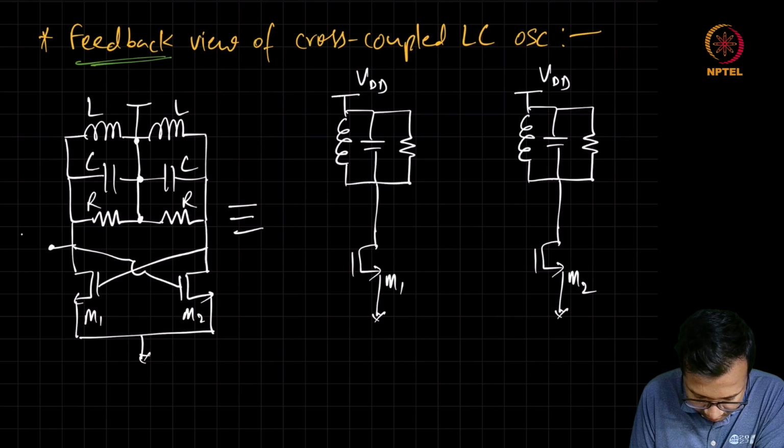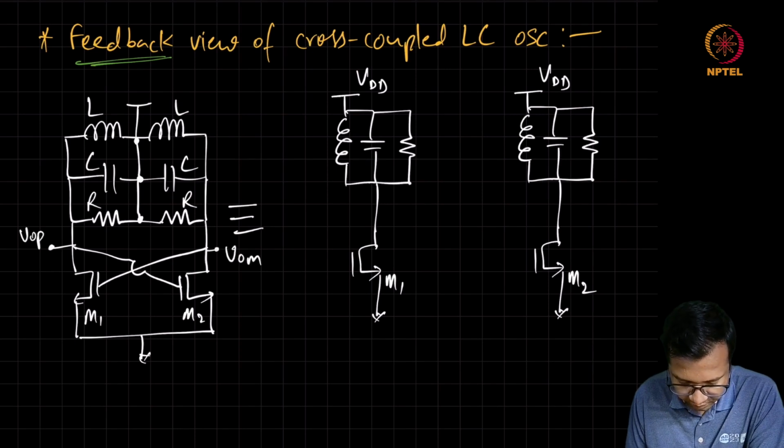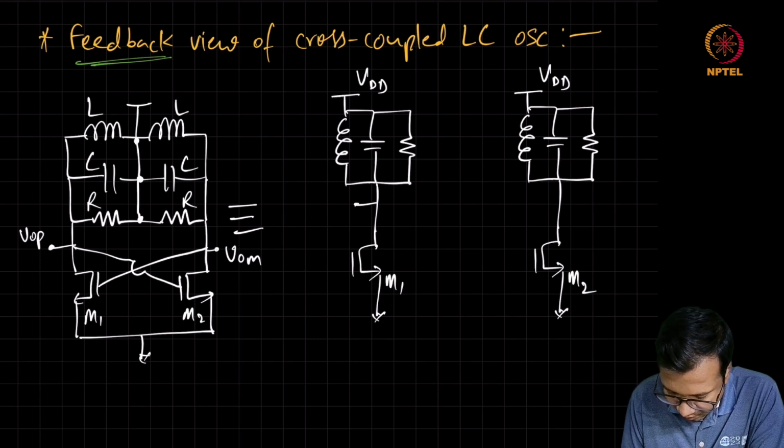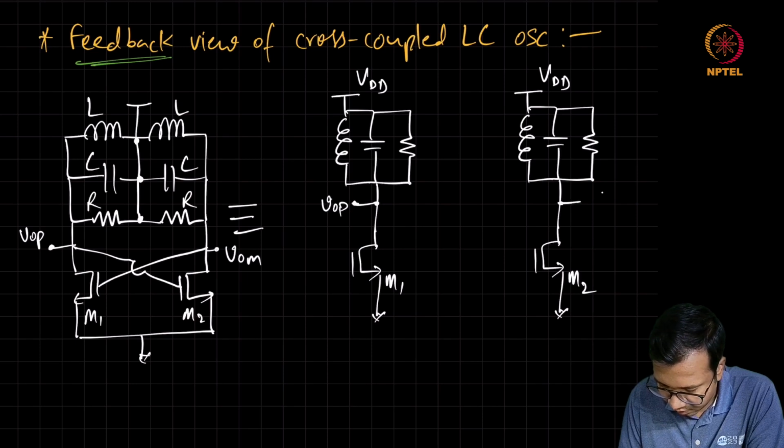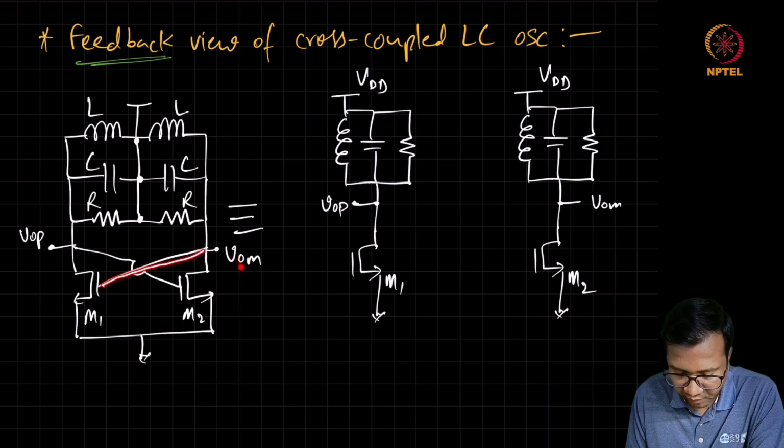Name this as VOP, VOM. Then in such a scenario, this is the VOP, and here is the VOM. And we can see that the gate of M1 is coming from VOM, and the gate of M2 is coming from VOP.